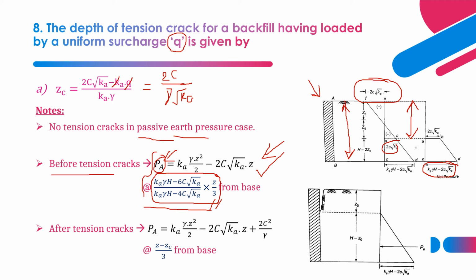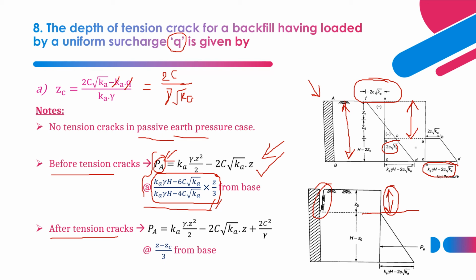In case the tension crack is formed, here you can see tension crack is already formed, that means the Z0 layer has failed, so there is no support for the Z0 layer. So after the Z0 layer, we have to calculate the earth pressure.